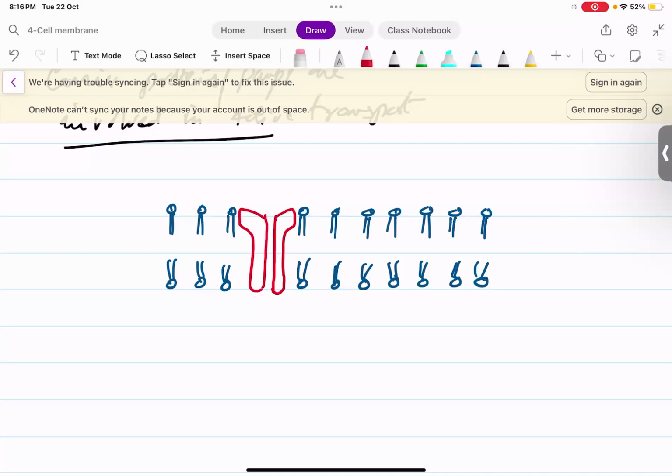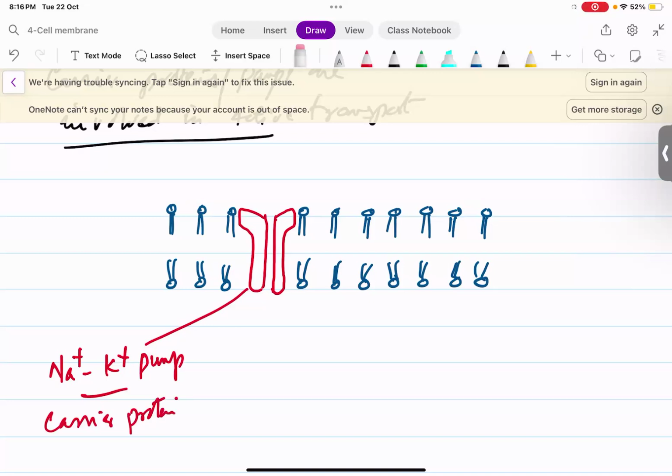Okay. So this is a carrier protein, maybe known as sodium potassium pump, or a carrier protein. Okay. So I'll draw that here as well.